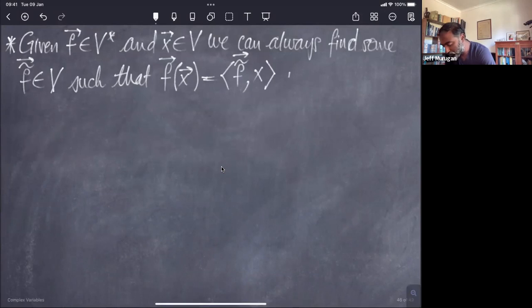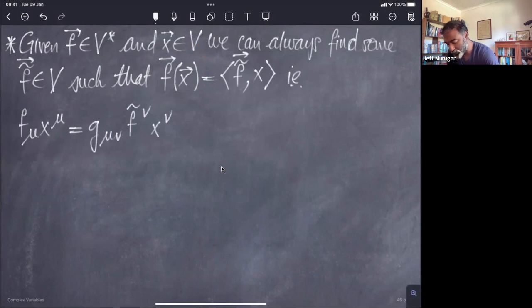What does this mean? It means that F mu x mu, remember this is just what this left-hand side is, is equal to g mu nu f tilde nu x mu, because that's just what the right-hand side is.